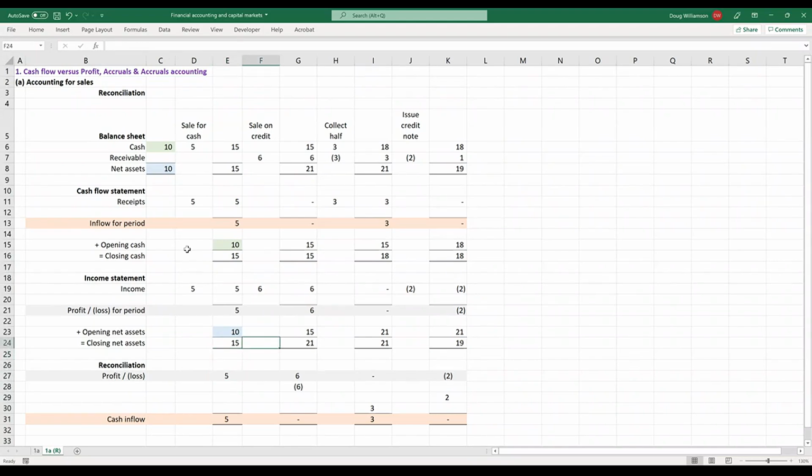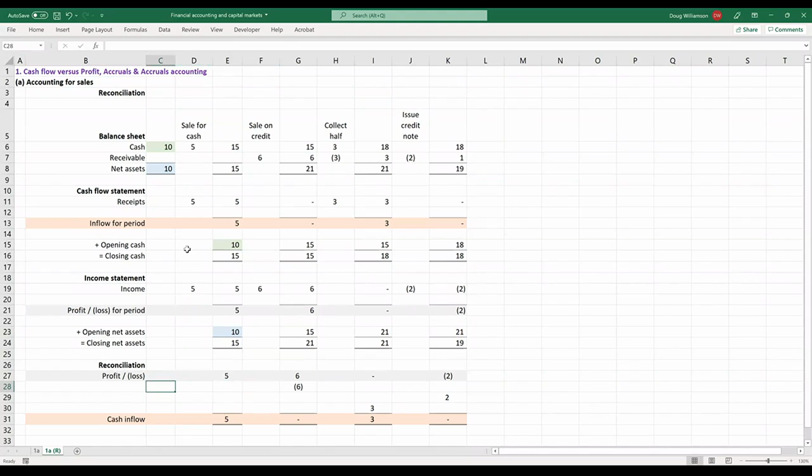A sale on credit says we provide goods and services. We're confident of eventual receipt from the customer, so we can recognize it as income, but we're saying to the customer, you don't have to pay us yet. So now there's an item in the income statement that's not in the cash flow statement. It's a reconciling item.